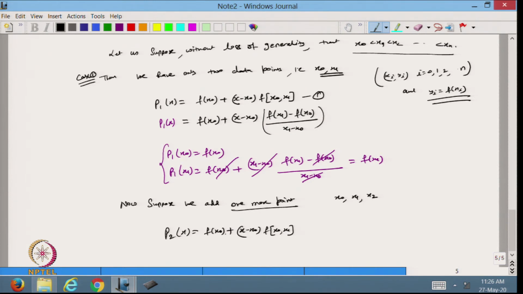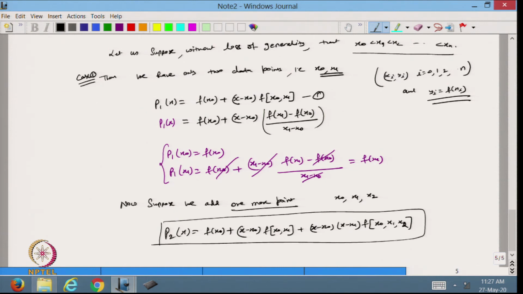So, this was my p1(x). Now, I add one more term. So, that is (x minus x0) and (x minus x1), and then the second order divided difference. This is the second order divided difference formula, and then it will be my quadratic polynomial.